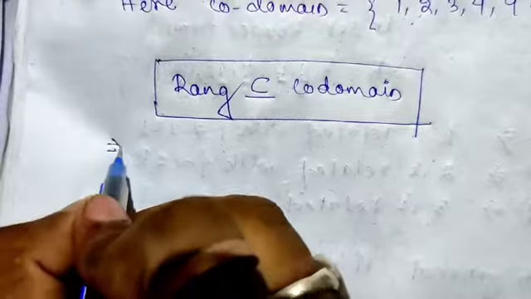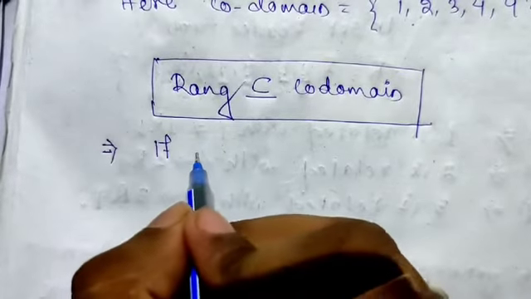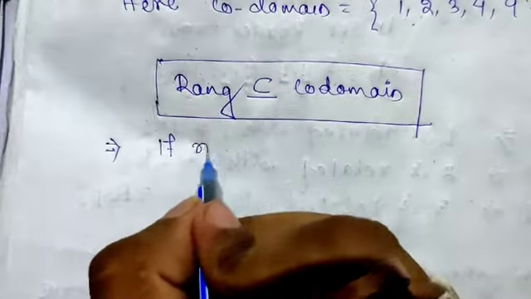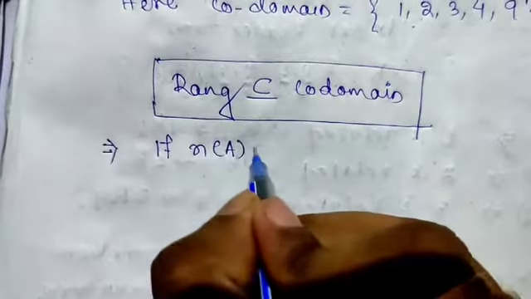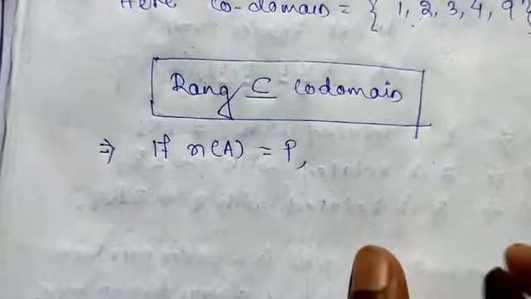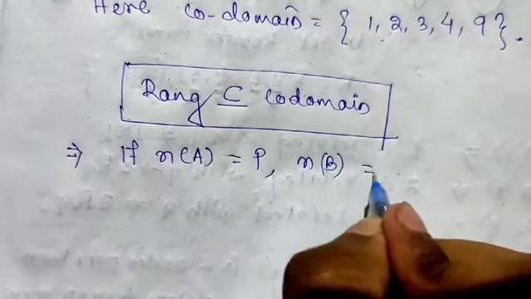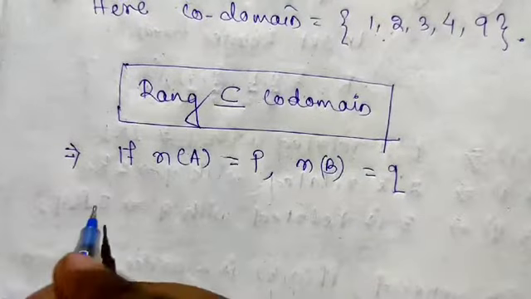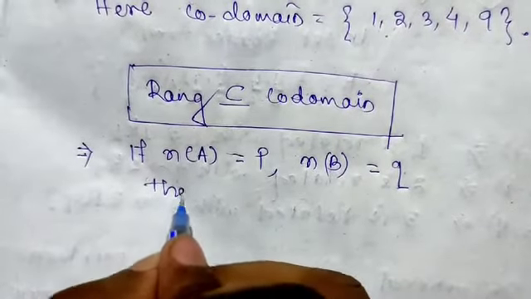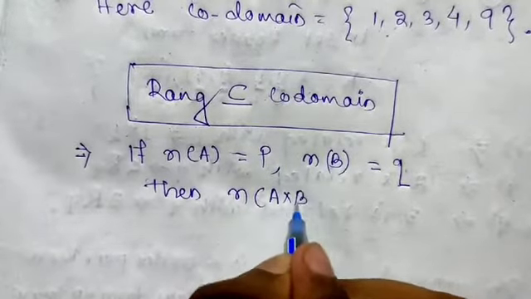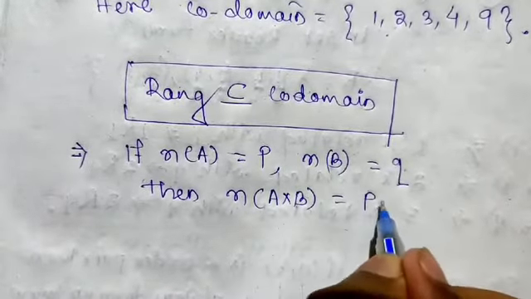After that, if the number of elements of set A is equal to p and the number of elements of set B is equal to q, then we know that the number of elements of A cross B is equal to p into q.